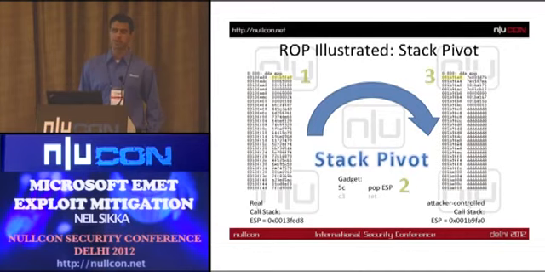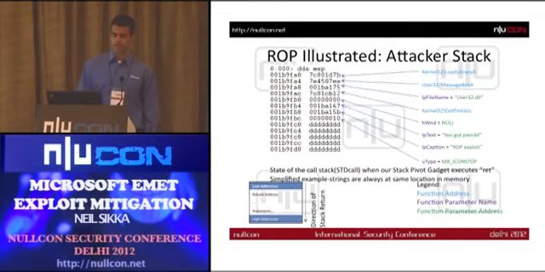Because the ESP register is the one that determines the top of the call stack, 1B9FA0 is now the same value that's in ESP, and that points to the attacker-controlled call stack. So basically, the attacker just switches the call stack that the thread is using by calling pop ESP, and then they have a ret instruction. Ret would basically return to the address at the top of the attacker-controlled call stack.